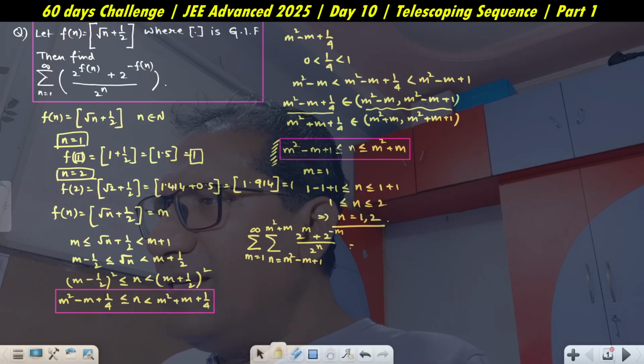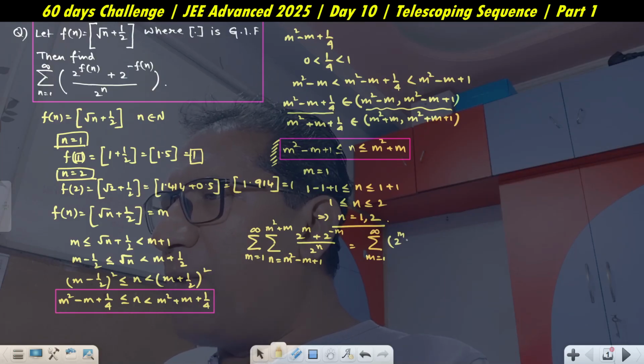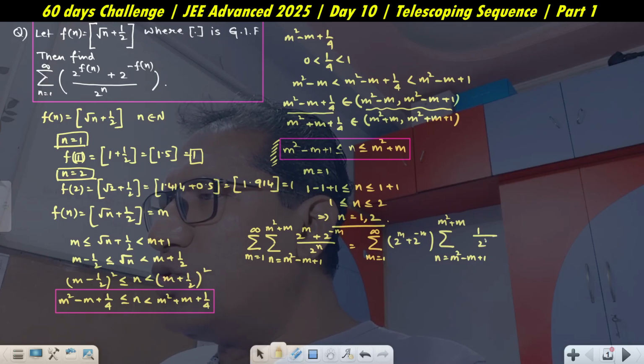So we can write this thing like, I can take this 2 to the power m plus 2 to the power minus m outside the inner sigma. And for this it is n equals to m square minus m plus 1 till m square plus m, 1 over 2 to the power n.